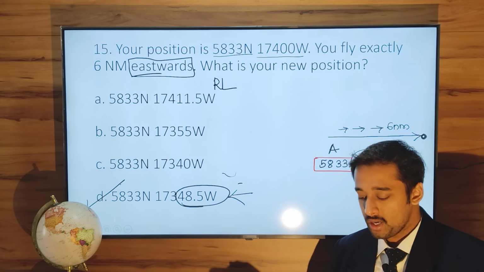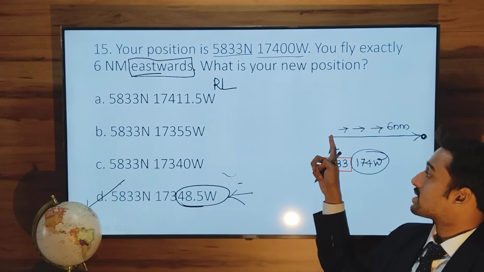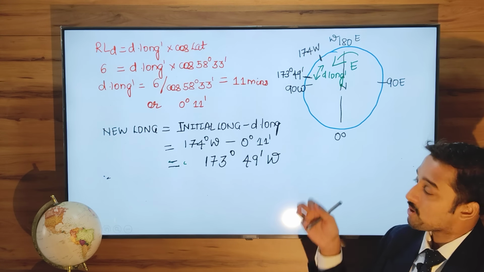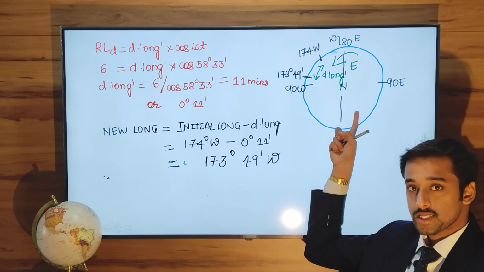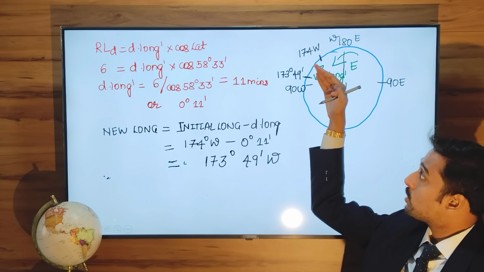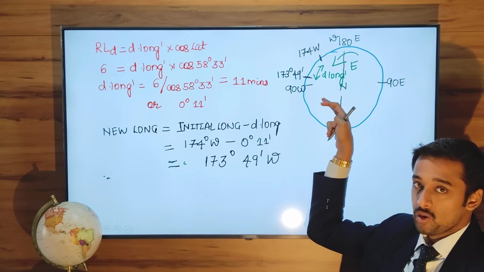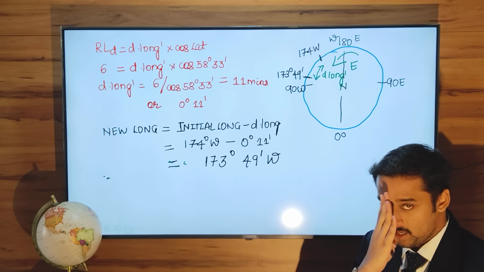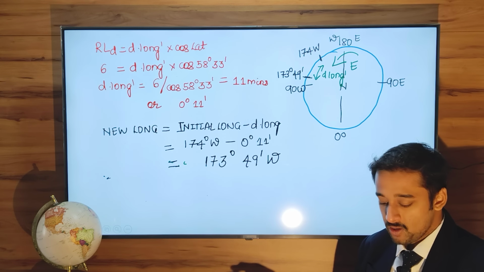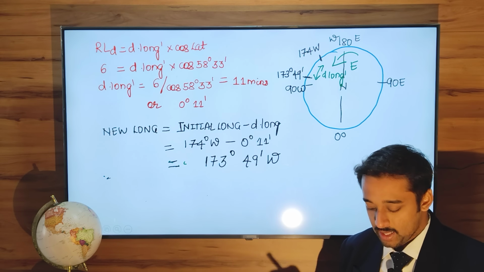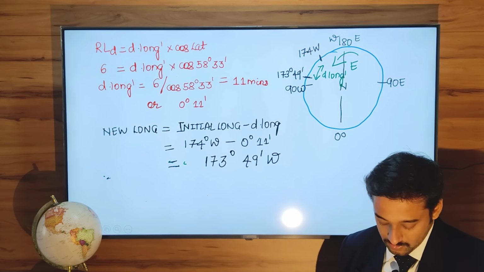So a simple formula, draw this. Understand you are going in an easterly direction. When you understand that, you can draw a diagram like this, and you come to know whether your final longitude is to the right of it or left of it. Easterly means anti-clockwise, so it will be left of it, a decrease in value. Use the formula correctly, substitute the values, and then find the answer.